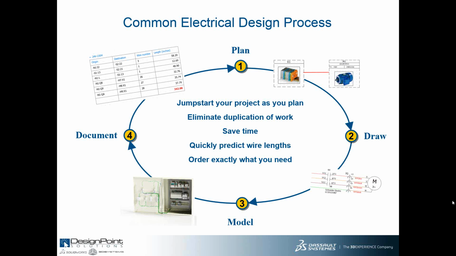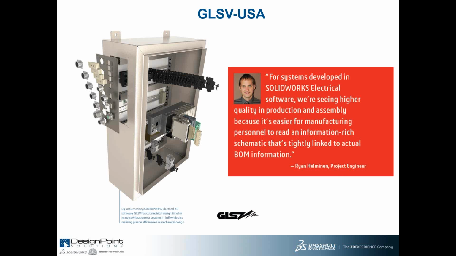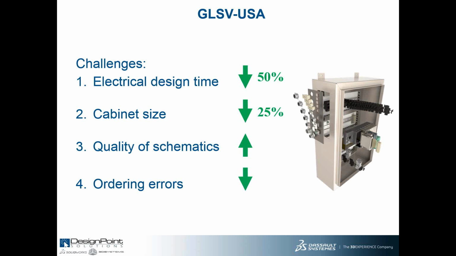So what we wanted to show you next is a customer that uses SOLIDWORKS Electrical, and we're going to show you their end results and the benefits that they found in using the electrical tool. They had challenges with the electrical design time, the cabinet sizes, the quality of their schematics, and ordering errors.